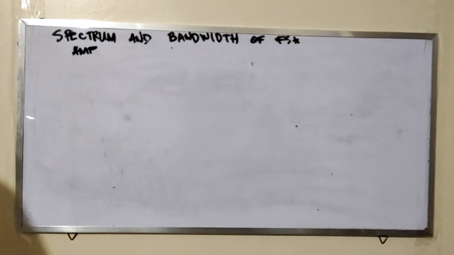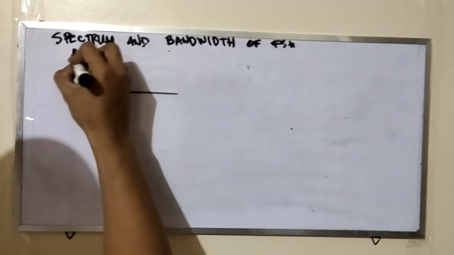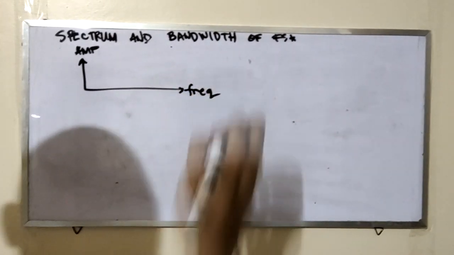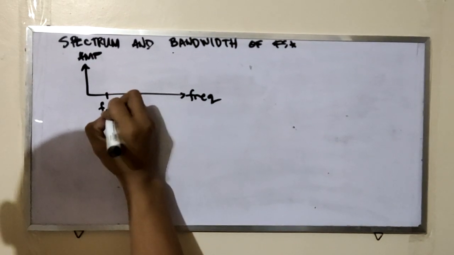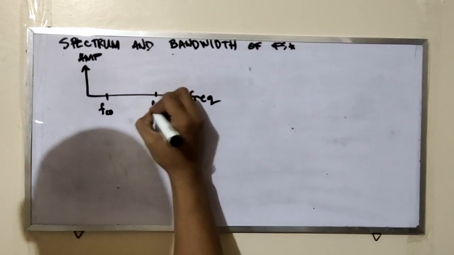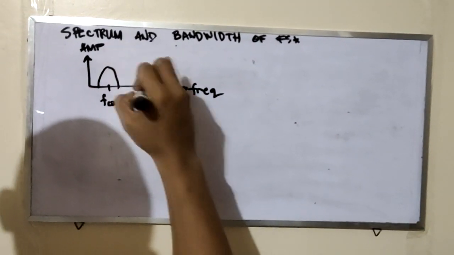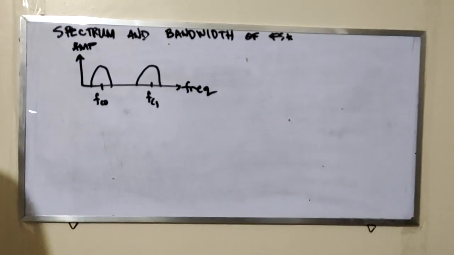Spectrum and bandwidth of FSK: we have amplitude here and frequency, and let's say we have FC0 here and FC1 here, and this is the band of FC0, this is the band of FC1.